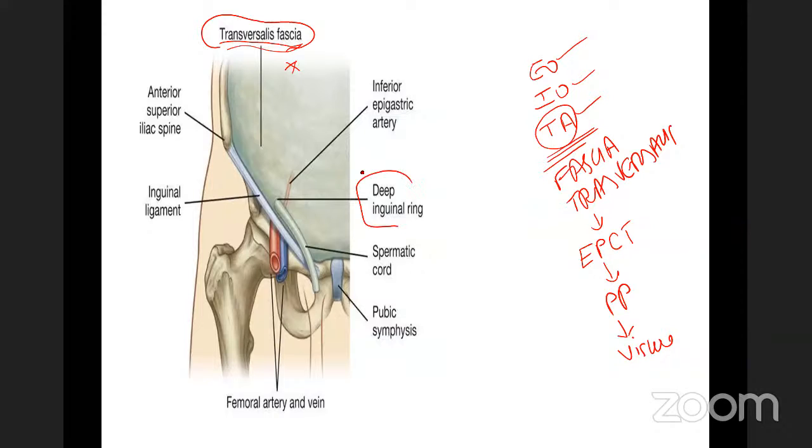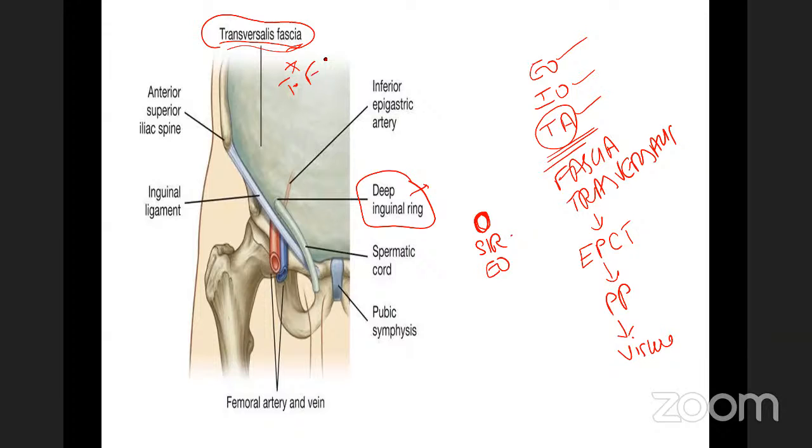One of the modifications here is the deep inguinal ring. If you remember, the superficial inguinal ring, can any student answer, was formed by which muscle? The superficial inguinal ring is formed by the external oblique muscle. The deep inguinal ring, this is an MCQ question, is formed by the transversalis fascia. Where will you locate the deep inguinal ring?